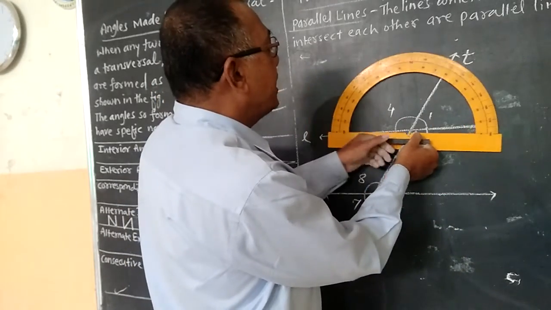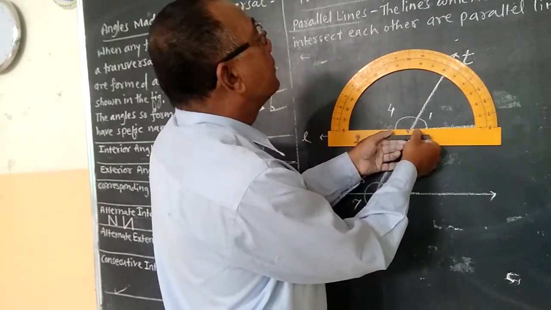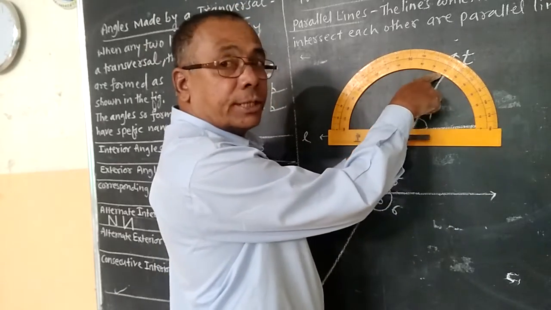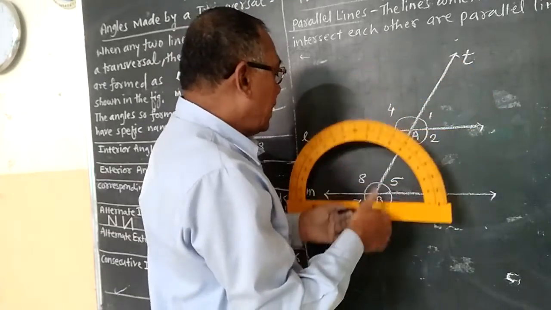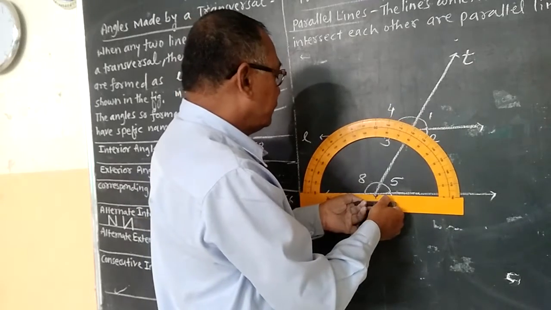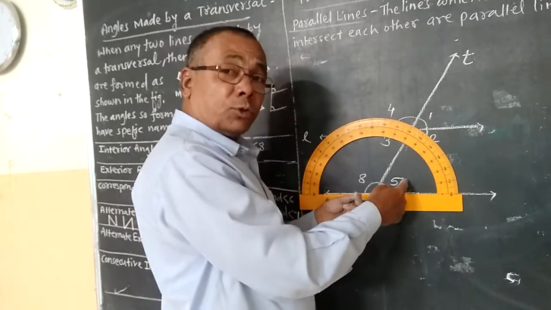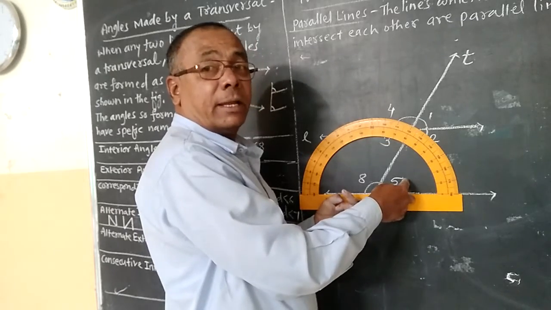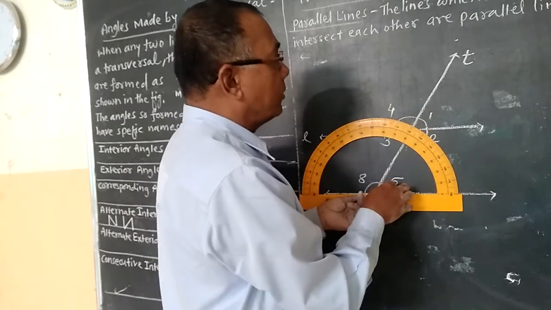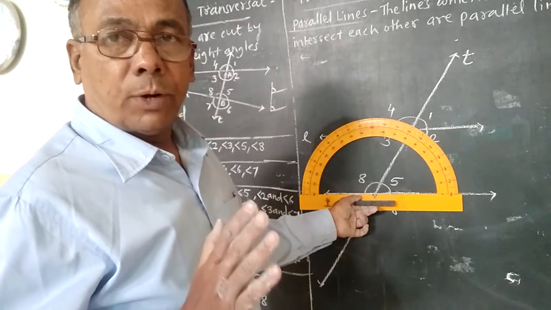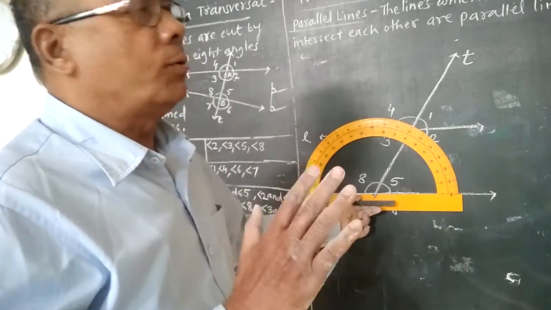If we measure angle 1, its measure is 60 degrees. And if we measure angle 5, it is also 60 degrees. Means angle 1 equals angle 5.